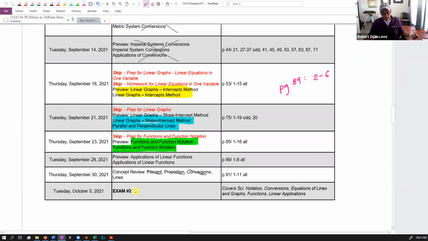So just be aware of that. I plan on filling in this right here will be quadratics on Tuesday, and then this day will be review for the test. And then we will still have the exam on October 5th. Yeah, October 5th.